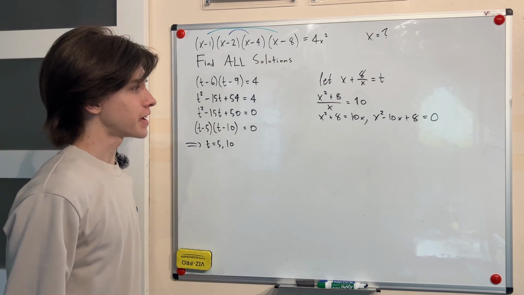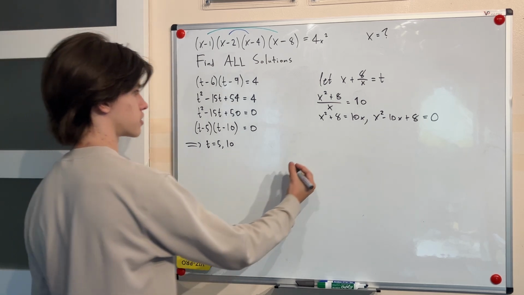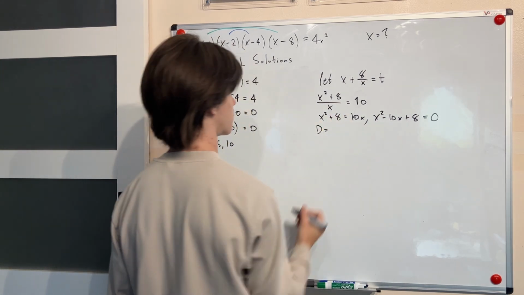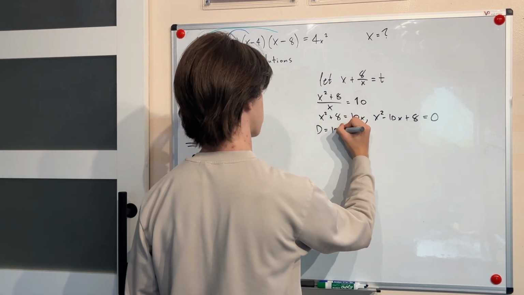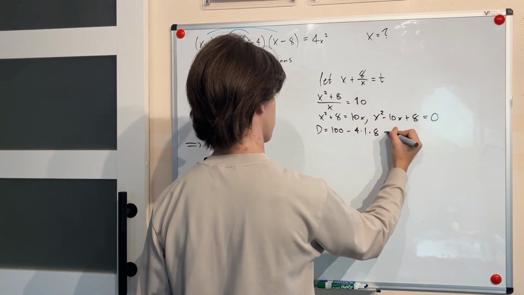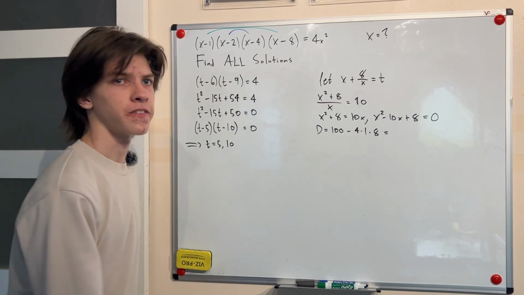Okay, it doesn't seem like you can factor this very well. I don't think you can factor it. So let's just use the discriminant for it. We get that the discriminant is going to be b squared minus 4ac. It's going to be 100 minus 32, so I think 68.